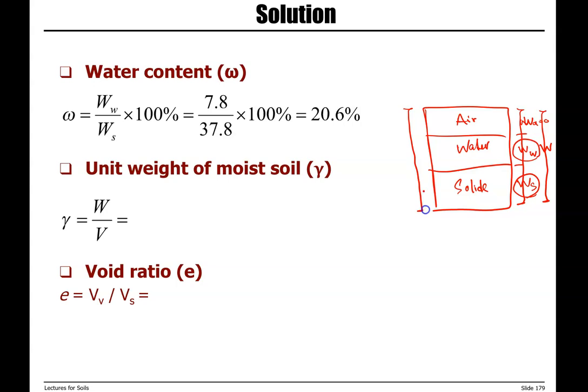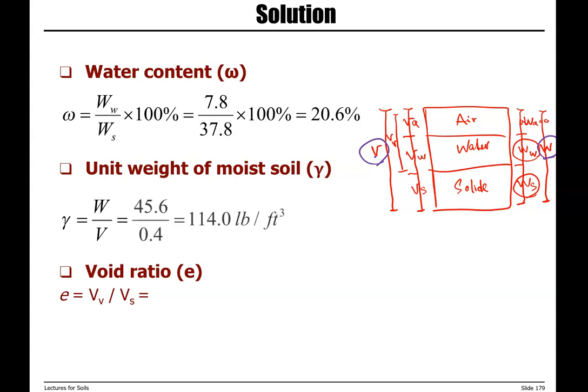Then on the other side, we will have total volume, volume of air, volume of water, volume of solids. And here is our volume of void. Unit weight. Unit weight is total weight divided by total volume. So total weight divided by total volume. This is pounds, this is cubic feet. So you get pounds per cubic feet.